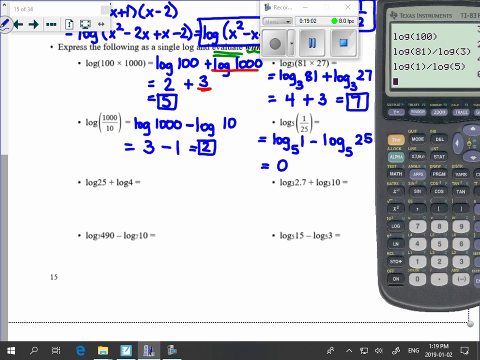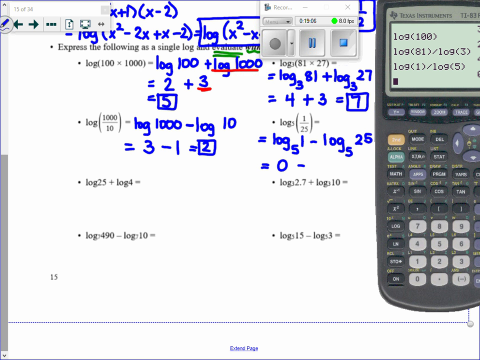And this one, 5 raised to the what power gives me 25? Squared, right. 0 minus 2? Negative 2.